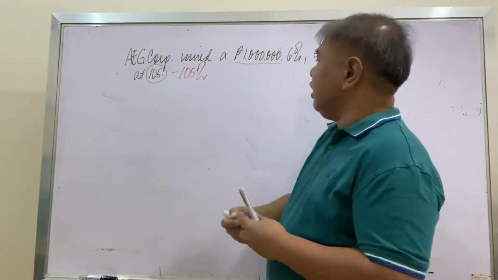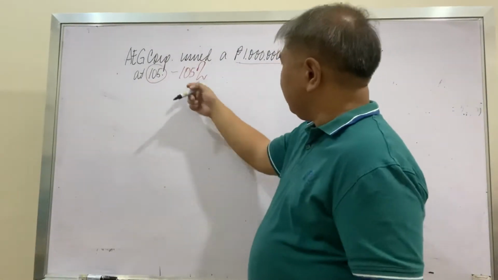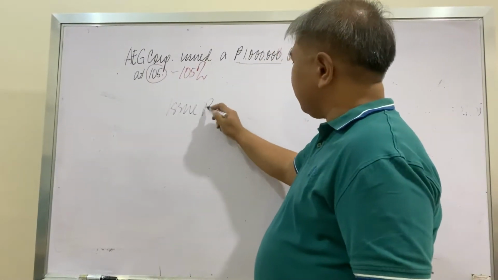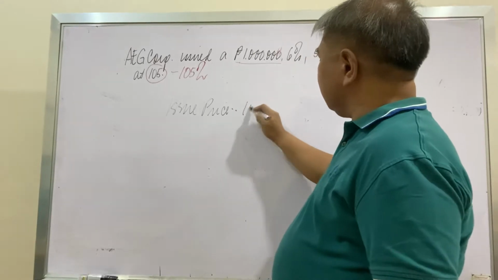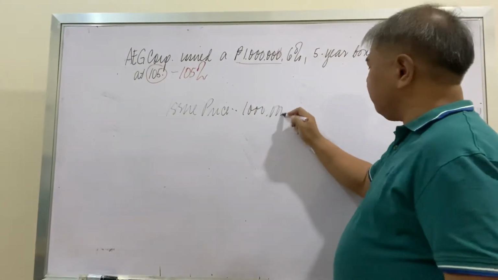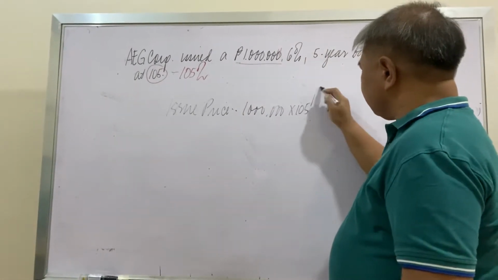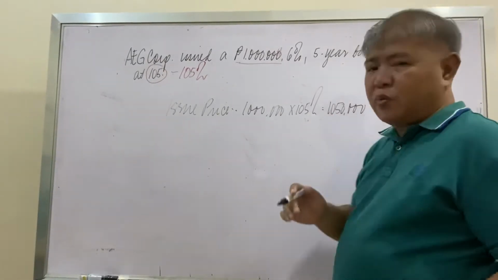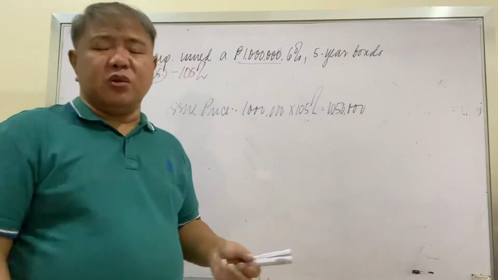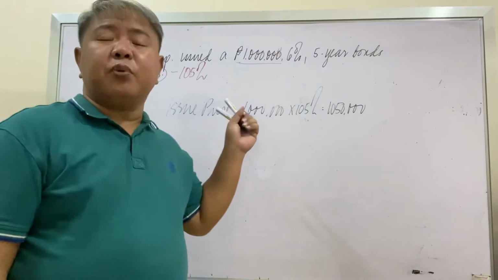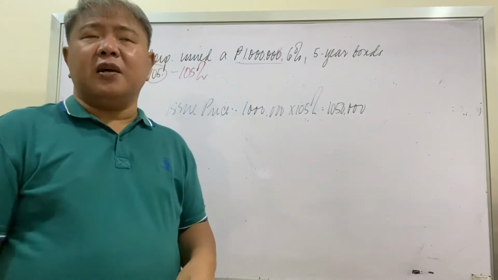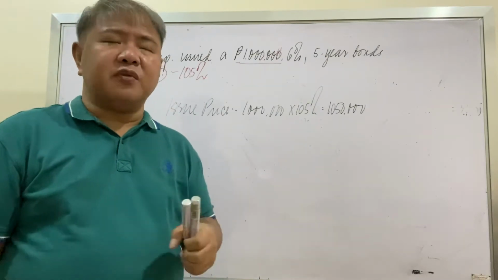So the issue price of the bond would be 1 million pesos times 105%, or 1,050,000. So this is another way bonds can be sold in the market, with the issue price expressed as a percentage of the face value, or face amount, of the bond.